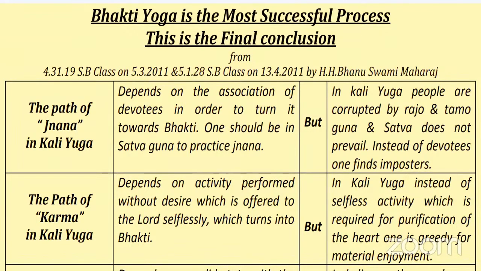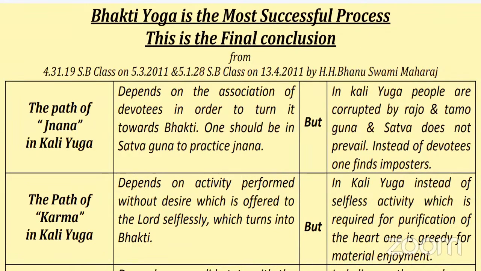The path of jnana in Kali Yuga, now we are talking about the path of jnana. Jnana yoga in Kali Yuga depends on the association of devotees in order to turn it towards bhakti. If somebody is doing jnana yoga in Kali Yuga, they are supposed to depend on the association of the devotees to change it to bhakti yoga. Just like Sukadeva Goswami.